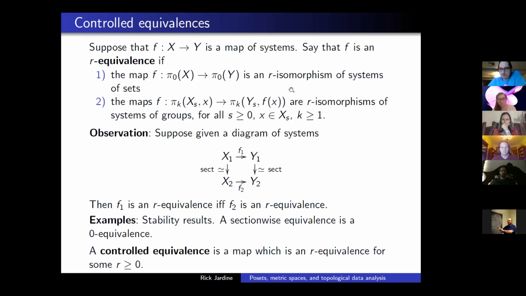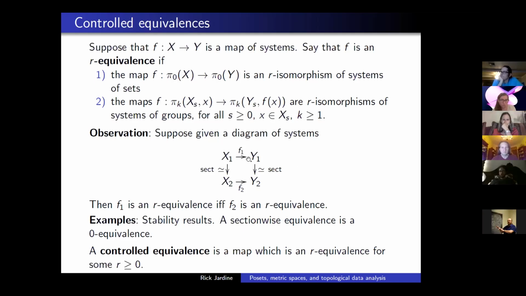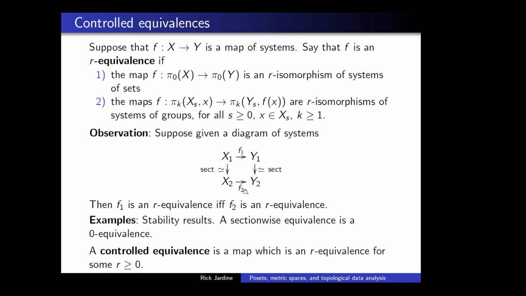So that's what R equivalences are. If I give you a diagram of systems where the vertical maps are section-wise equivalences, then F1 is an R equivalence if and only if F2 is an R equivalence. That's easy to prove. The basic examples of these things come from stability results, like I told you.